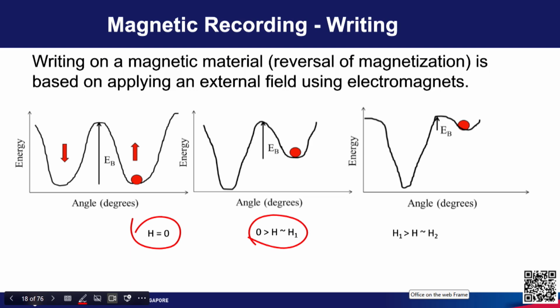If this field is sufficiently large, this energy barrier will become 0. Finally, this will be the only stable state, so the magnetization will switch. This is one way of explaining, but you can also use the hysteresis loop. We are applying a field much larger than the coercivity, so that we can switch the magnetization.